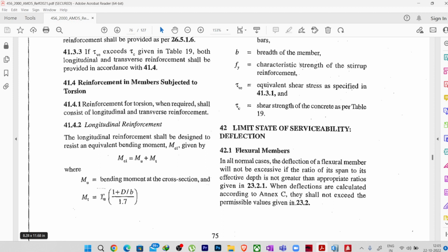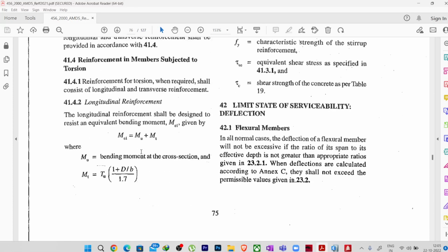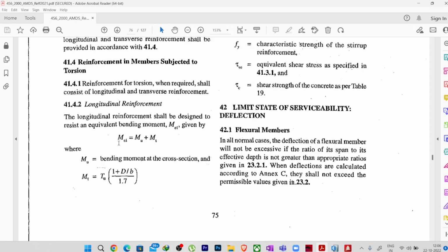So you can see, reinforcement in members subjected to torsion. Here you can see that the longitudinal reinforcement shall be designed to resist an equivalent bending moment Me1, given by Me1 equal to Mu, which is my ultimate moment, plus Mt, which is the moment due to torsion.